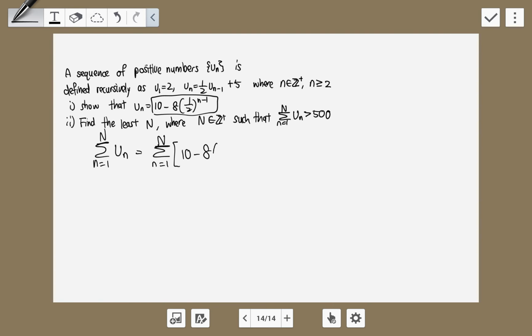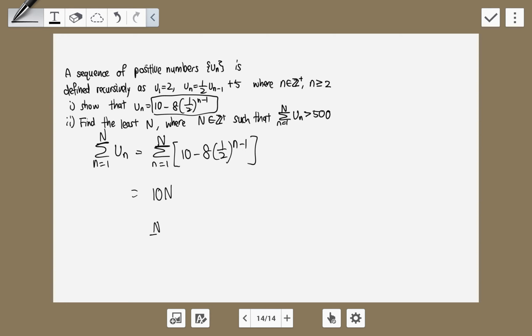When it's a constant, it's just like 10 plus 10 plus 10, n times, so you should get 10n, because there are n terms in this series.